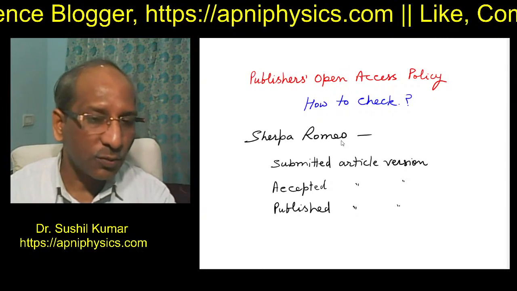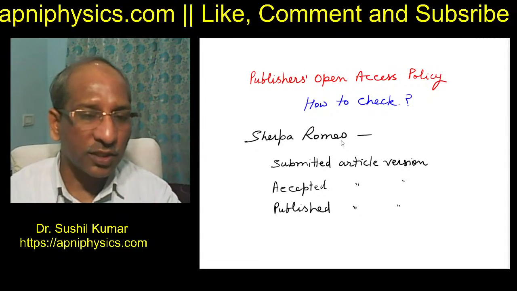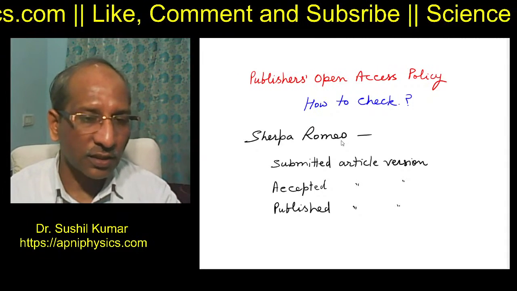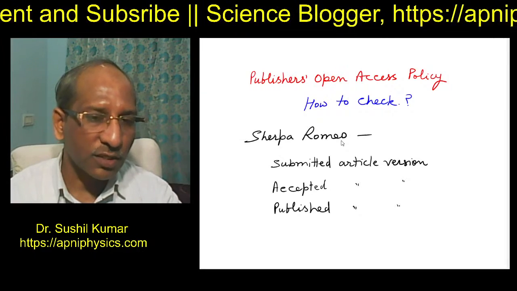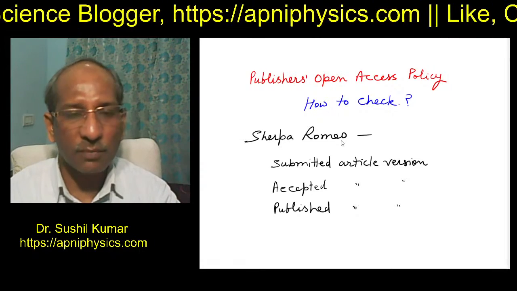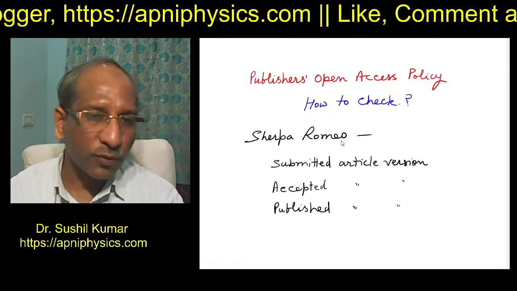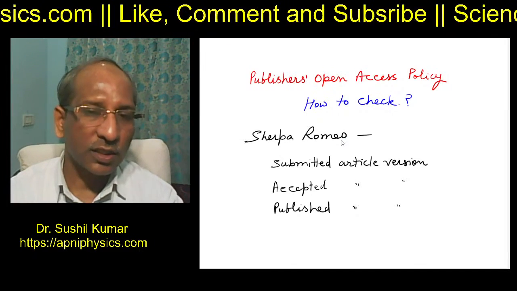These are the three versions of any article. How a journal treats these three versions is defined on the website Sherpa Romeo. Romeo is for the publishers and Juliet for the funders. So this is the difference.